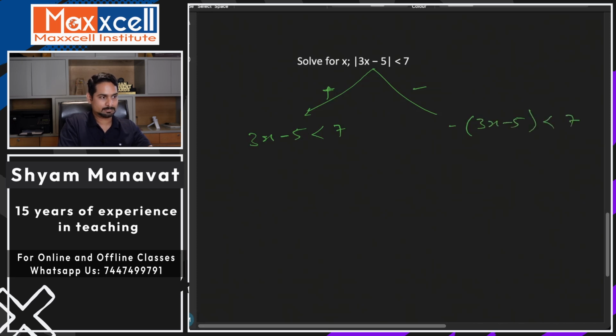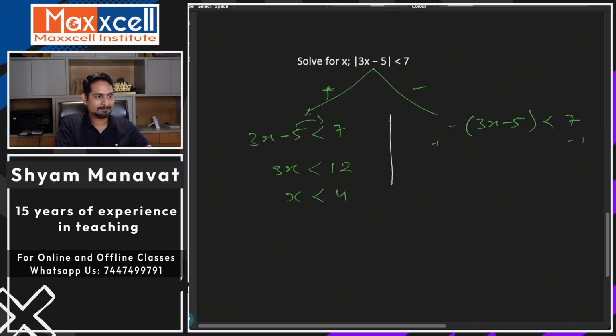Then you simplify this. 5, if you shift to the other side, it becomes 12. And here you have 3x, then you say x is less than 3 4s are 12. Simplify here. Let me multiply minus 1 to both sides.